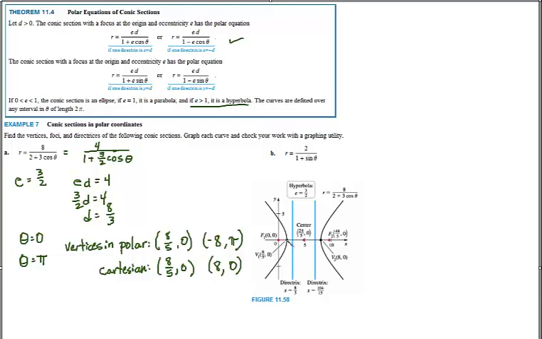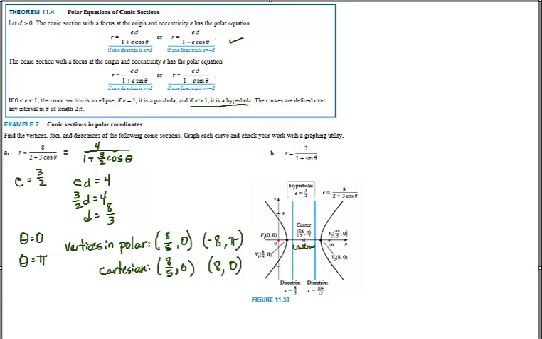Here's my 8/5, 0 and my 8, 0. I will find the very center of this by just adding 8/5 and 8 and then dividing by 2, and I'll get 24/5. That's the exact center. My directrix is 8/3, so exactly on the other side of that, just take this difference, and then directly on the other side I'll get this other value for the other directrix. And I think that finishes that one.